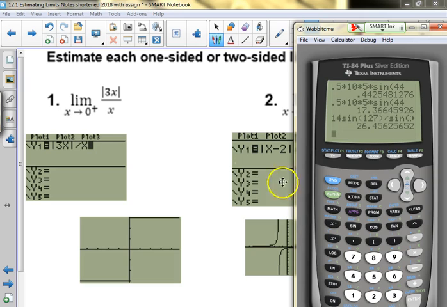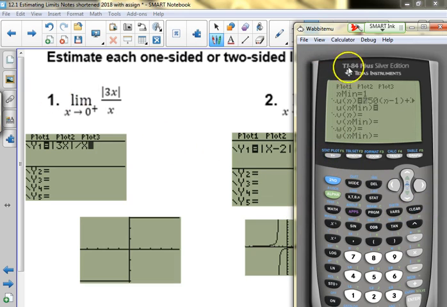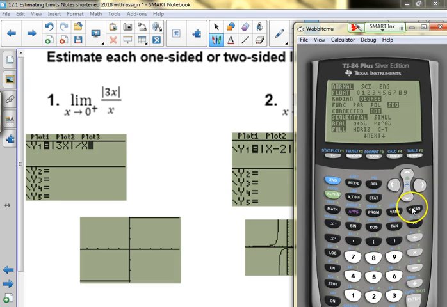First of all, do you even remember how to type an absolute value into your calculator? Okay, I need to be in function mode. I'm going to just put everything to the left here on mine. Okay, it is under math.